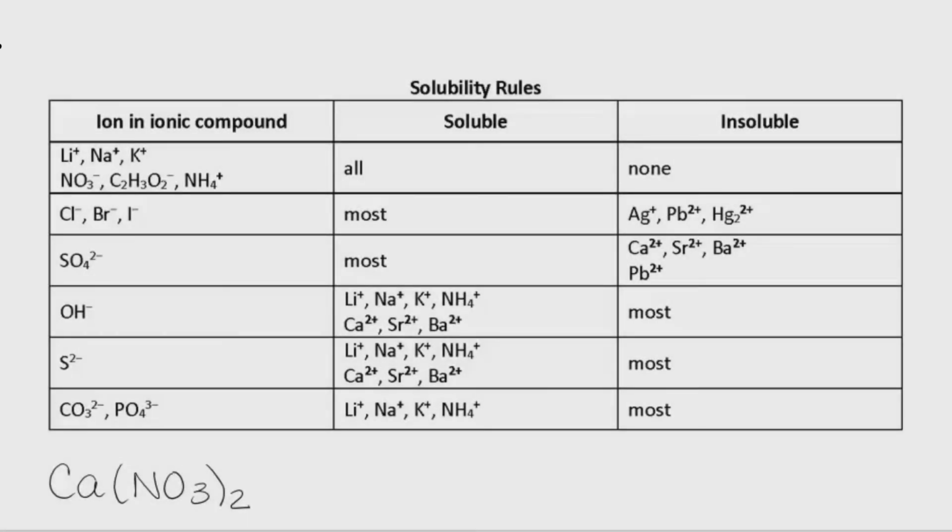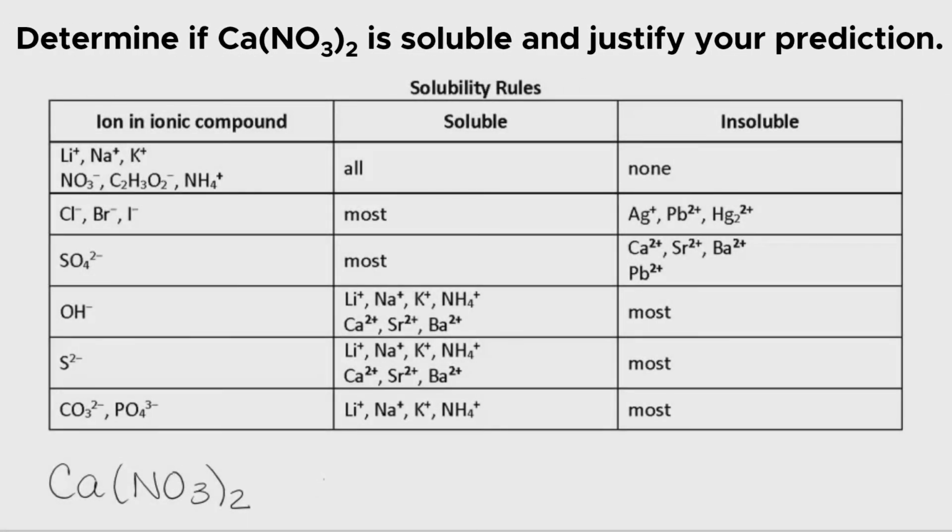Let's take a look at calcium nitrate. We'll write the ions Ca2+ and NO3-. Then we'll look in the first column only to see if we find our ions. And we notice that we do find nitrate, but we don't find calcium.